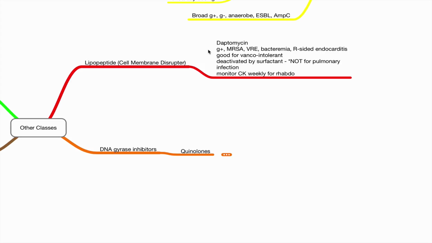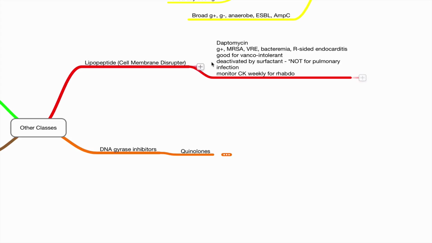We use it to treat MRSA, for VRE, for bacteremia, for right-sided endocarditis specifically. It is used in the case of vancomycin-intolerant patients, or sometimes patients are really hard to actually get into the therapeutic range for vancomycin, and we may use daptomycin in these cases.